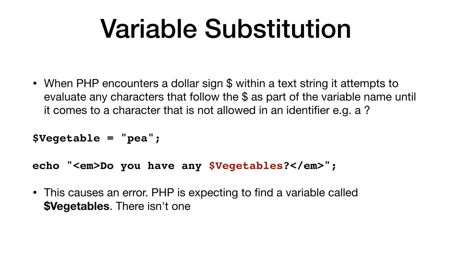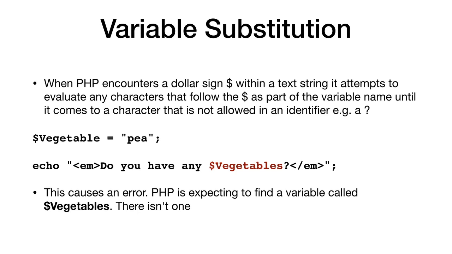But if we said, do you have any $vegetables? Question mark, we run into difficulty. We see the dollar sign, goes vegetable, question mark, whoop, question mark can't be part of a variable name. So obviously the variable I'm looking for is vegetables. But there is no variable called vegetables. There isn't one. So this will bomb out because there's no vegetables there.